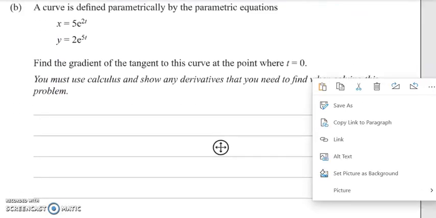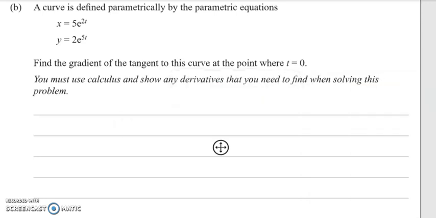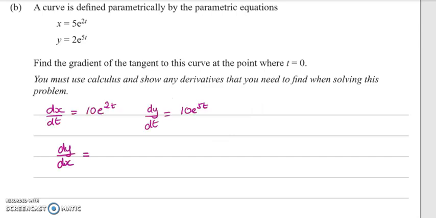Then we have part 2, parametric equations. So we will differentiate each of these expressions here, and then dy by dx, putting them together in the chain rule, we get 10e to the 5t over 10e to the 2t, which just simplifies to e to the 5t over 2t, so that's e to the 5t minus 2t, just using our index laws, so that's e to the 3t.